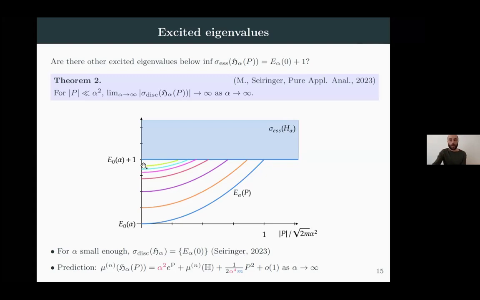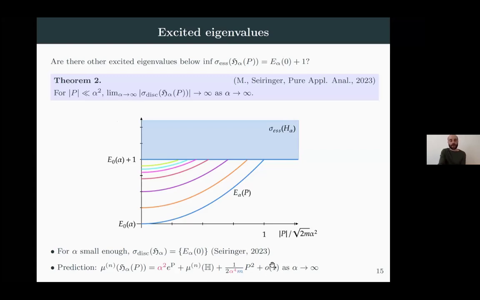Then if the coupling becomes larger, there will be more and more eigenvalues, and eventually they accumulate at the bottom of the essential spectrum. And well, so far we can only prove the existence of these eigenvalues.